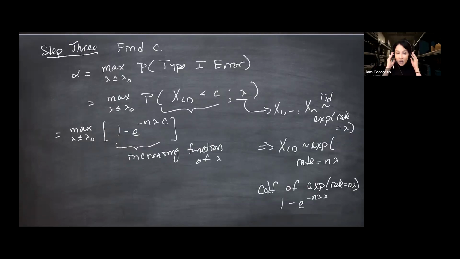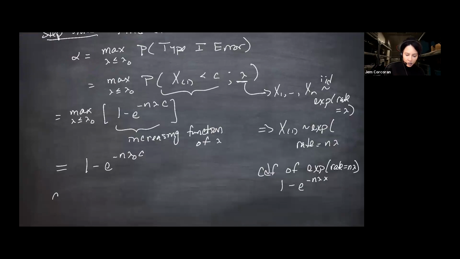And again, if it's not obvious, you would actually have a function that you might end up plotting and taking derivatives of to maximize. So I get to plug in lambda naught, the largest value of lambda over the region in which I'm trying to maximize it. And this was set equal to alpha. So we want to solve for c, and we're done with step 3. So c is -1 over n lambda naught times the log of 1 minus alpha.